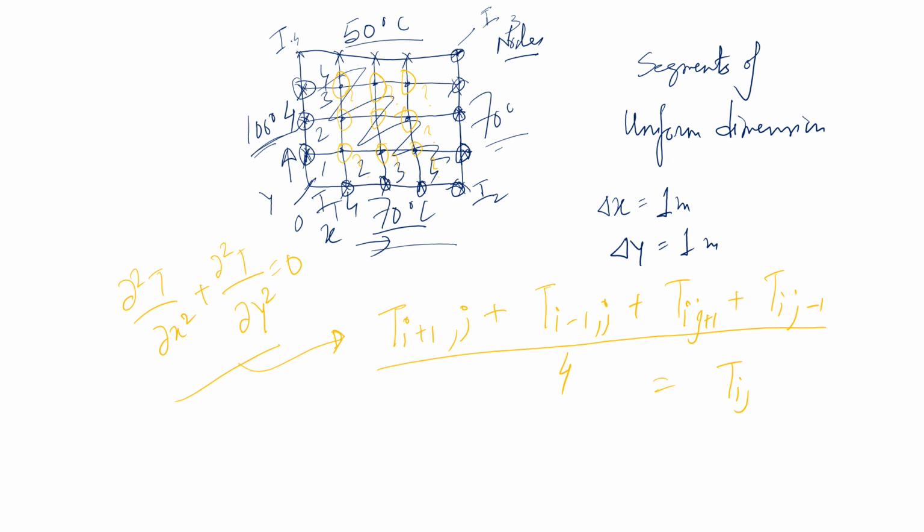And what is this Tij? Actually I is the X direction and J is the Y direction. So in the origin both I and J are 0, and if you go in the X direction, then I will change, and when you go in the Y direction, then J will change.